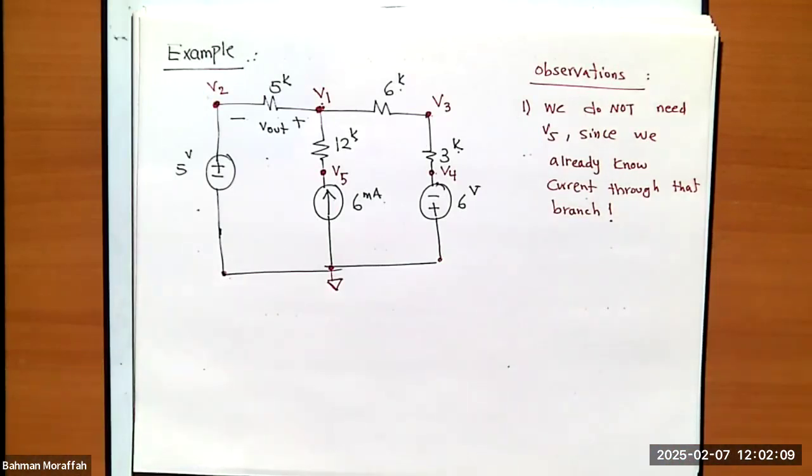What else can be observed? Do you agree V2 is 5 volts? Right? That's the voltage source that's between a node and the reference. That's the easy one. What else can be observed?